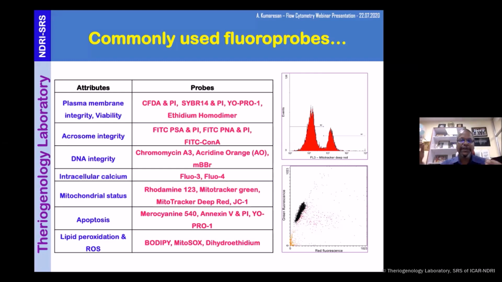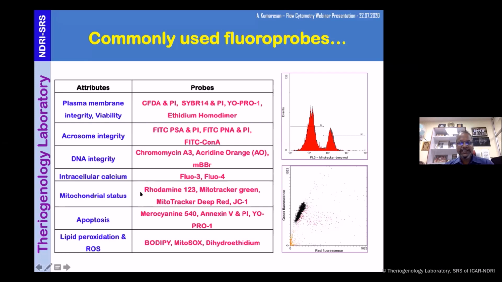Chromomycin A3 competes with protamine. You know very well, when the sperm is maturing, histones are replaced with transition proteins and then protamines. Once protamine is not present properly or is insufficient, this dye CMA3 competes for that and gives fluorescence. So we can assess that deficiency.